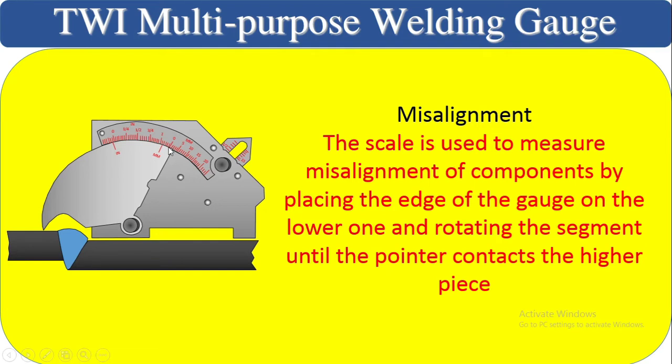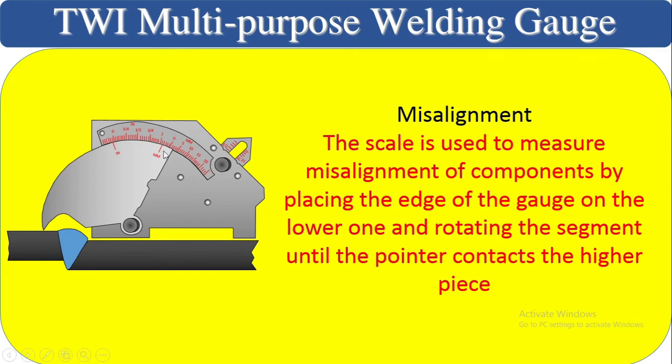The scale is used to measure misalignment of components by placing the edge of the gauge on the lower one. You see, the lower one is the edge of the gauge, and rotating the segment. You see the rotating. This segment is rotated until the pointer contacts the high piece. So the high piece already contacts. Then you have to measure here.